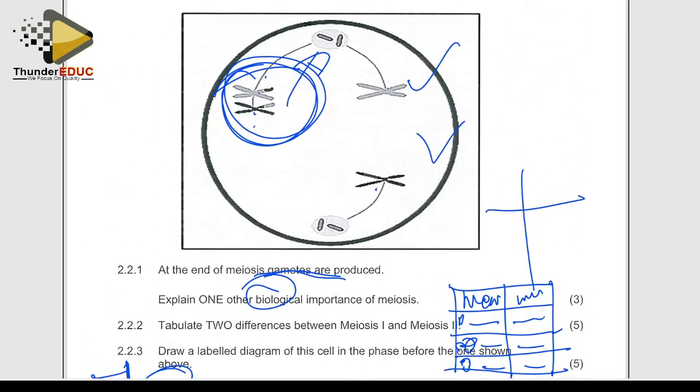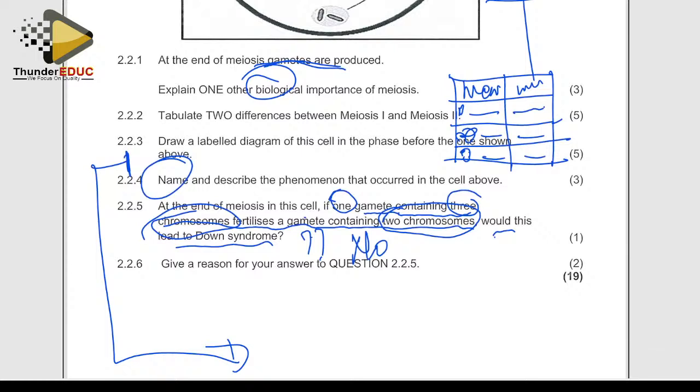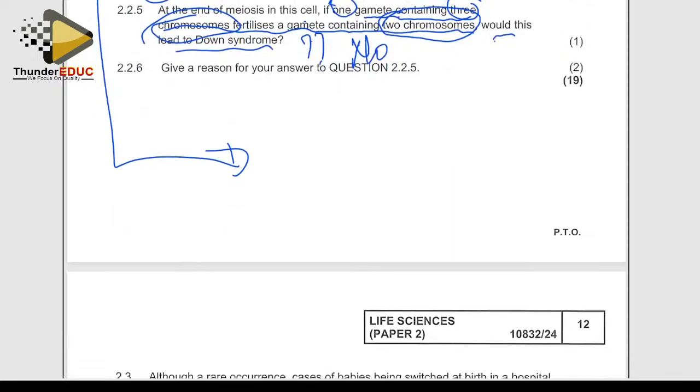The one shown above is anaphase 1, because these are still full chromosomes, you see. So the cell before, you draw metaphase. But now they said labeled. Make sure that you label everything. And then number 2, make sure that you give a caption, a title. It must have a title, 1 mark. So these 5 marks are for Mahala.